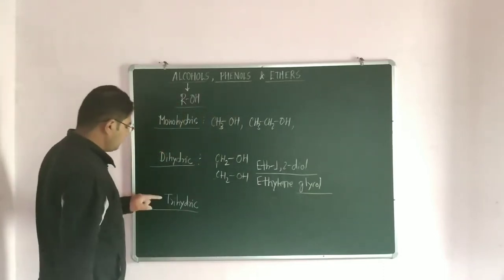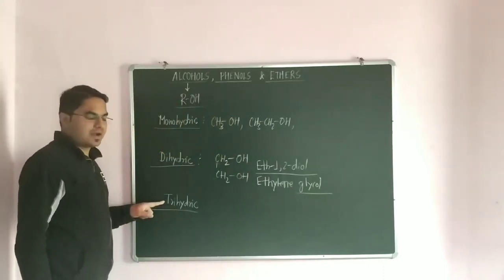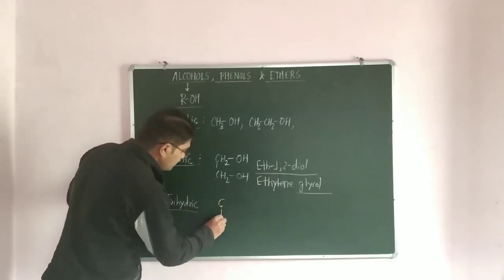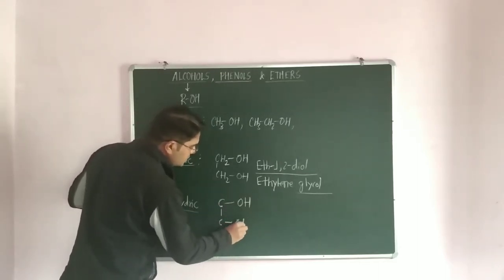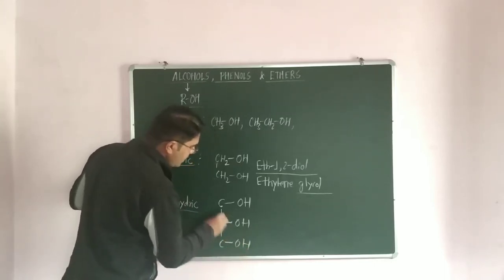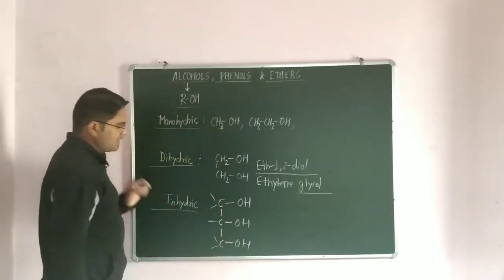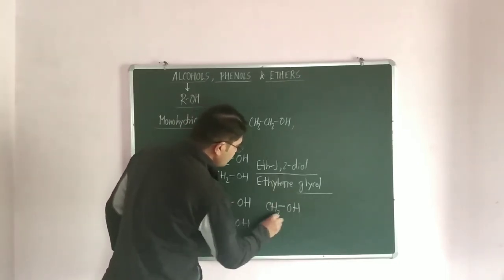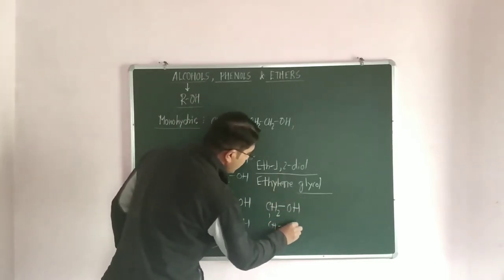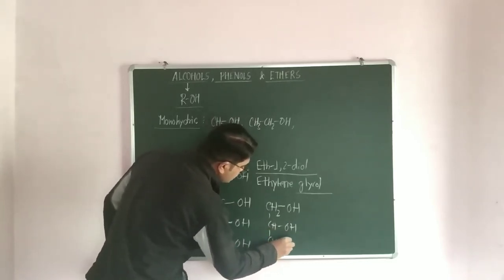And if we come to the next, trihydric alcohol, in this we have a minimum of 3 carbon atoms, so that we place 3 OH groups in this way, and after balancing the valency the formula is generated: CH2OH, CHOH and CH2OH.